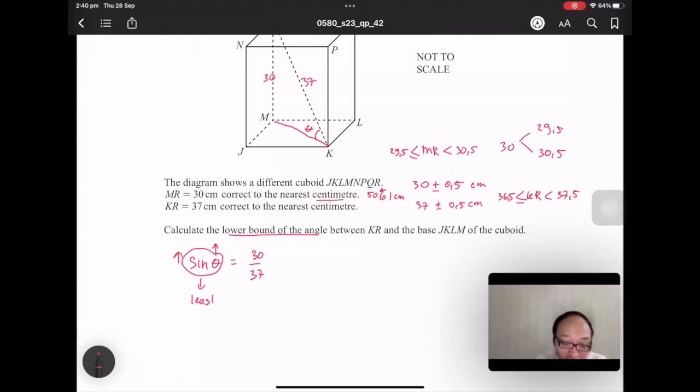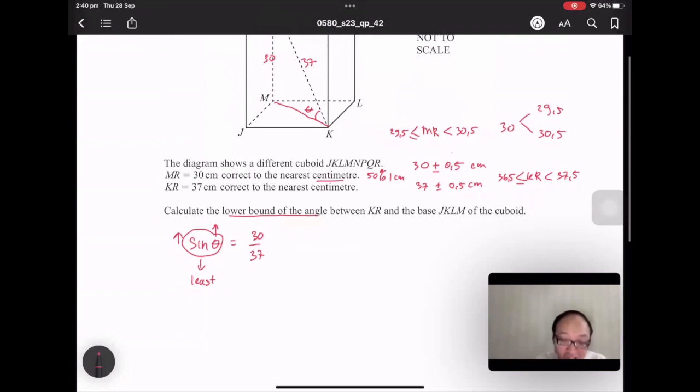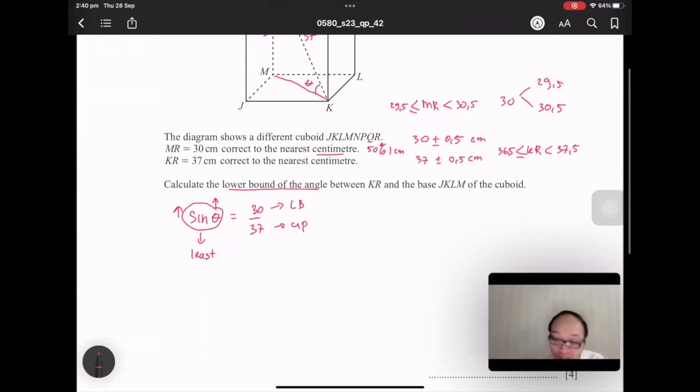The sine theta should be the least. So to get the least value, we have to use the lower bound of the 30 and the upper bound of the 37. So sine theta will be the lower bound of 30, which is 29.5, and the upper bound of 37, which is 37.5.